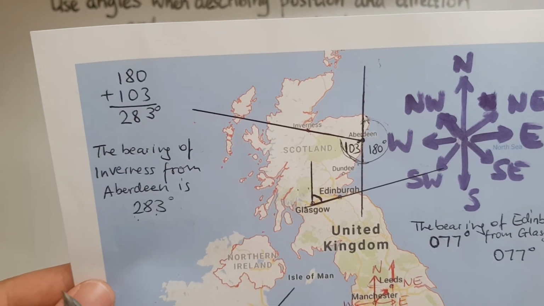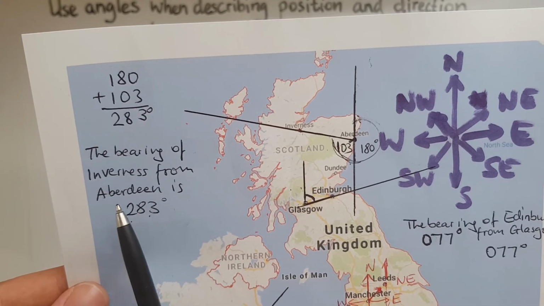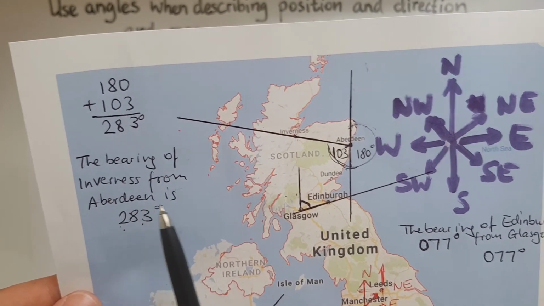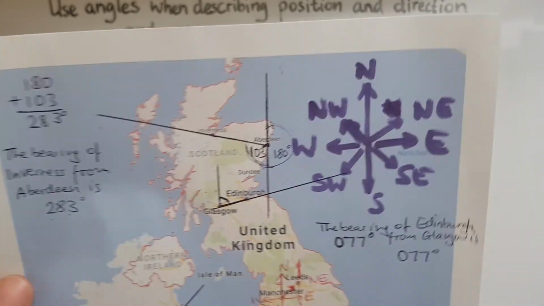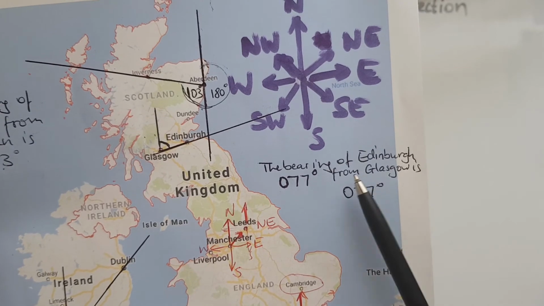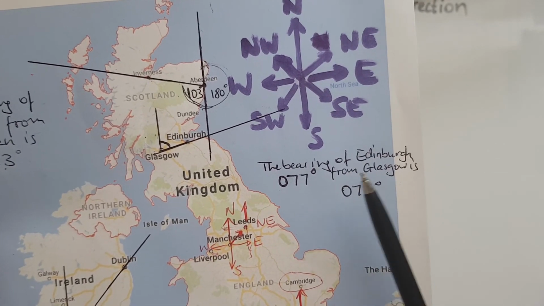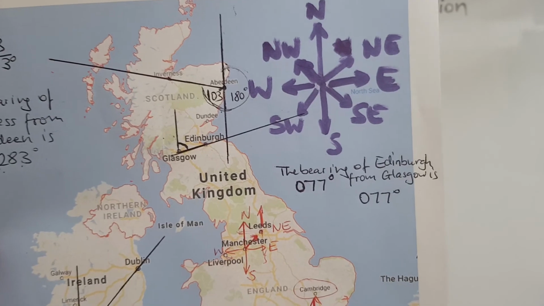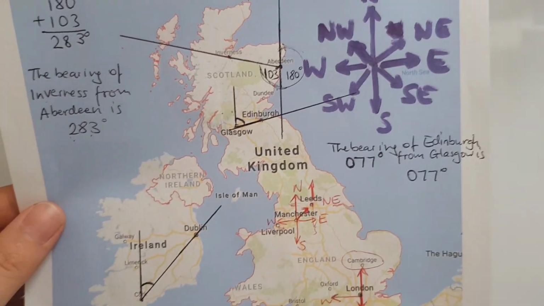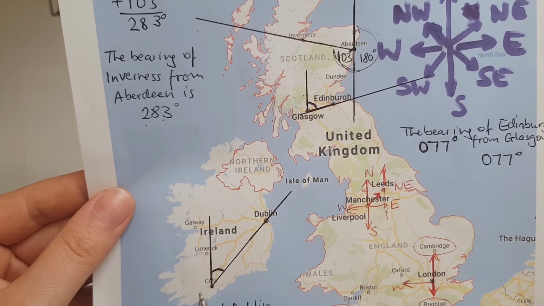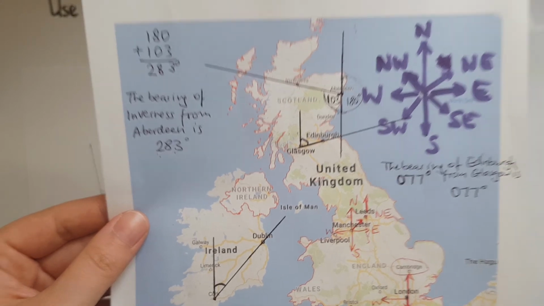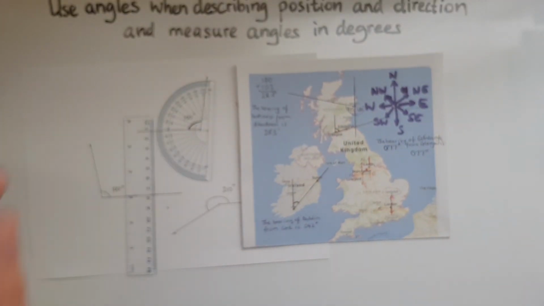So if the question is to find the bearing of Inverness from Aberdeen, it suggests that you start with Aberdeen and you go then to Inverness, just like the bearing of Edinburgh from Glasgow. So of Edinburgh means we're going to Edinburgh. From Glasgow, that's where we're starting. And the bearing of Dublin from Cork means that we're starting with Cork and we're going to Dublin. So this summarizes how we use angles when describing position and direction, and how we measure angles in degrees.